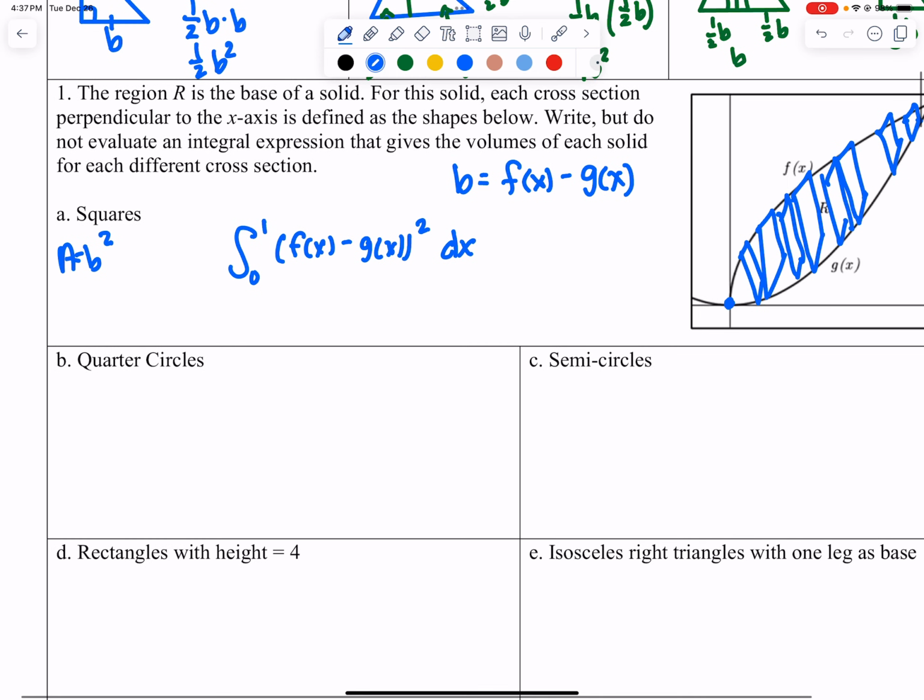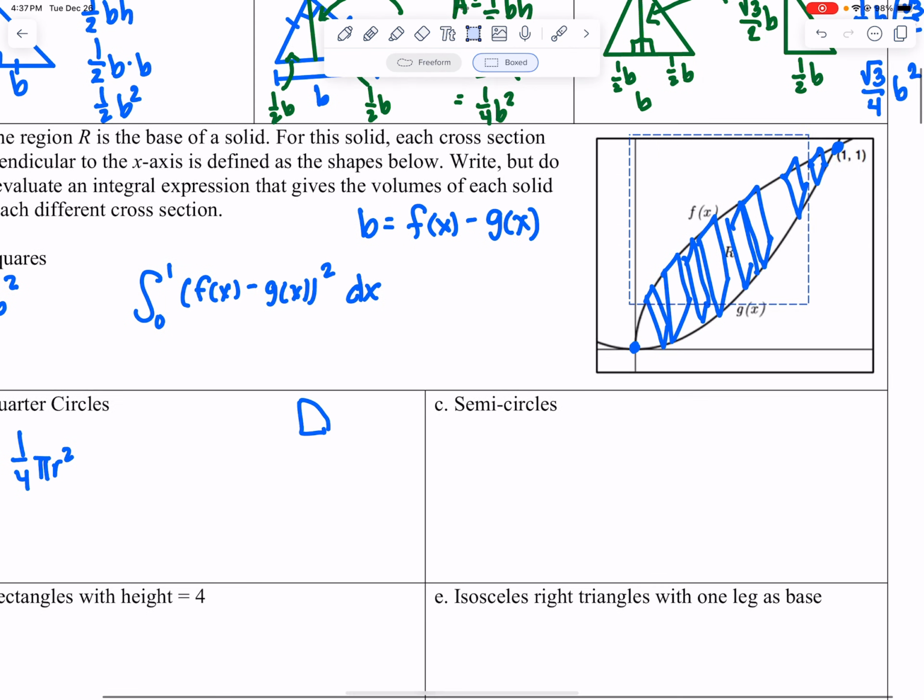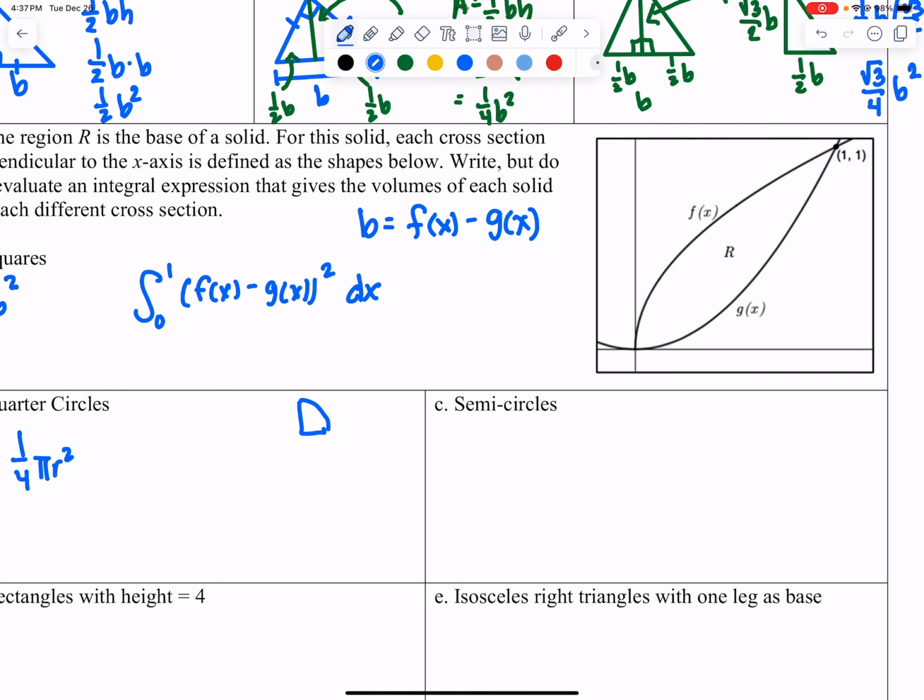Okay, part B, we have quarter circles. Remember that a quarter circle has an area of 1/4 pi r squared. It's also important to note that your base is already your radius. So if I were to draw this out right here, this right here is already your radius. It's this right here.